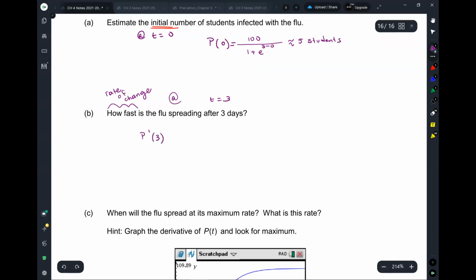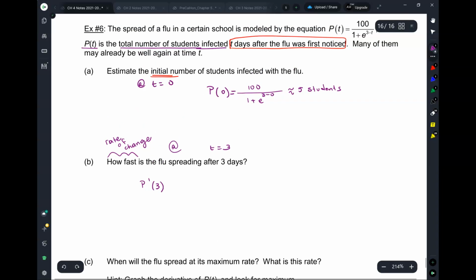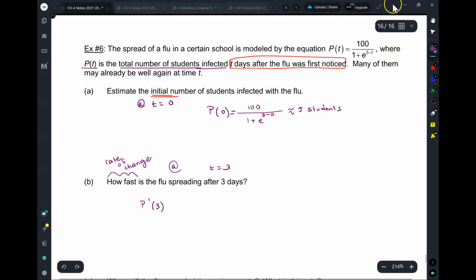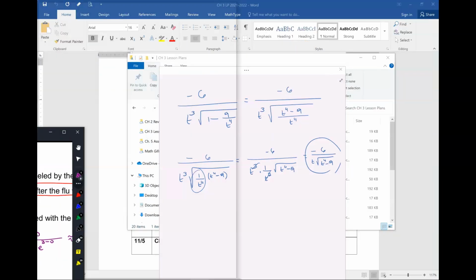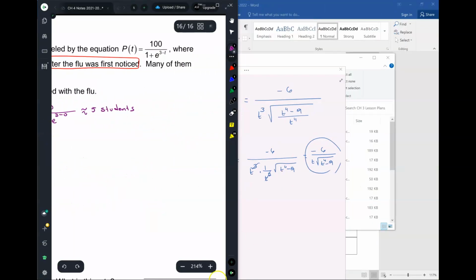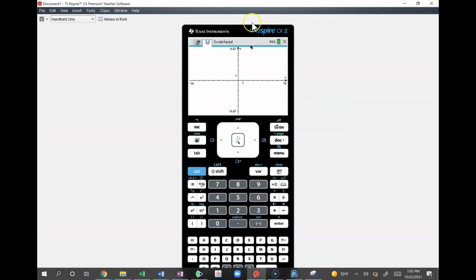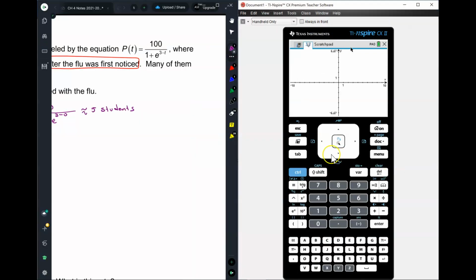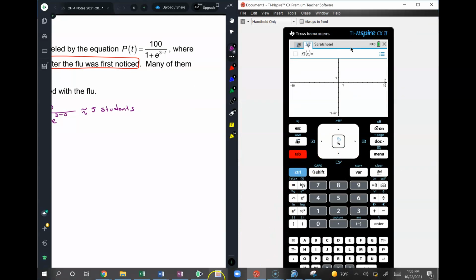So now, here is what we're going to do. We're not going to take a derivative of that by hand. I understand you might be able to, but we need to learn to do this on the calculator as well. So, here we go. Tab. We're going to graph just that.